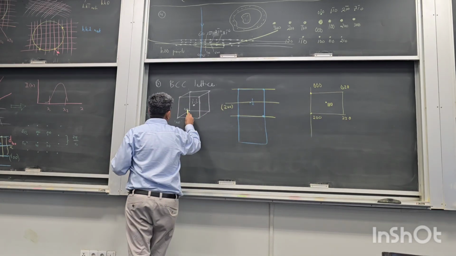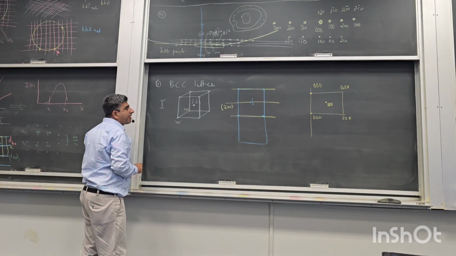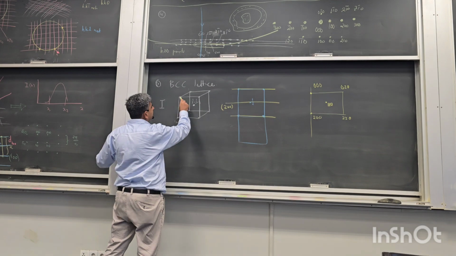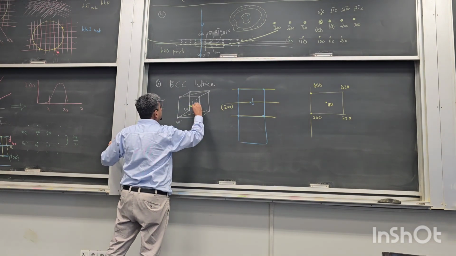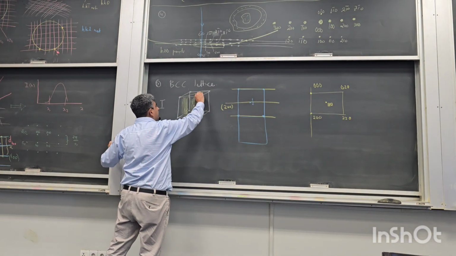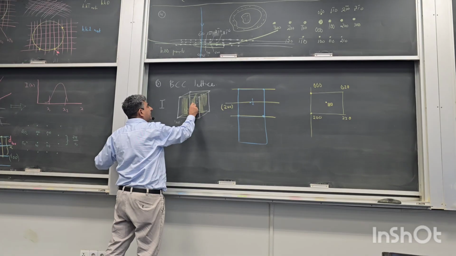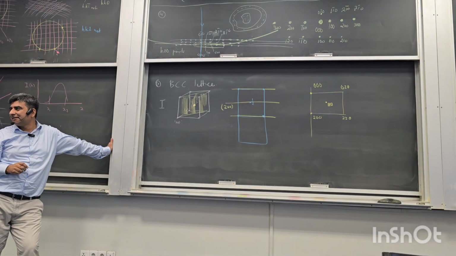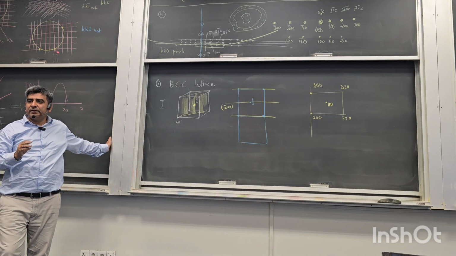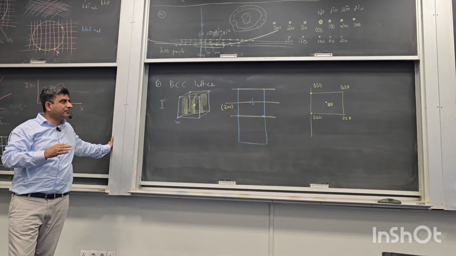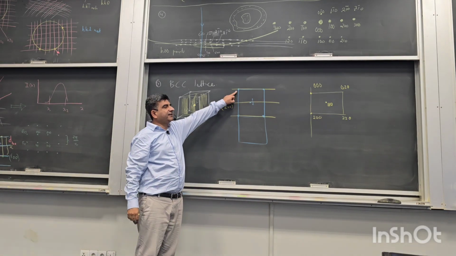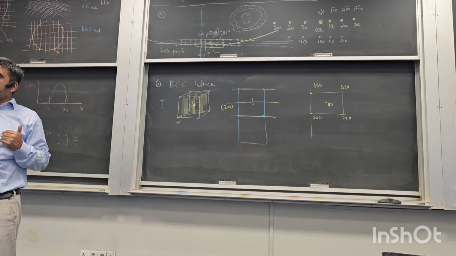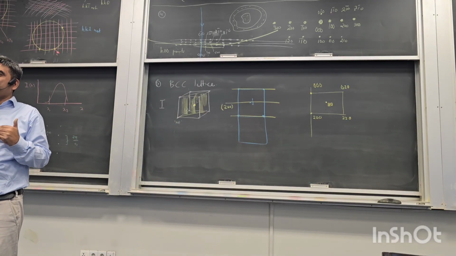So what's the 1, 1, 0 plane here? It's this plane. And an atom exists inside this plane. Correct? So as you start moving away from your origin in the direct space, you want to find out at what plane you encounter a point or a lattice point, a valid lattice point.